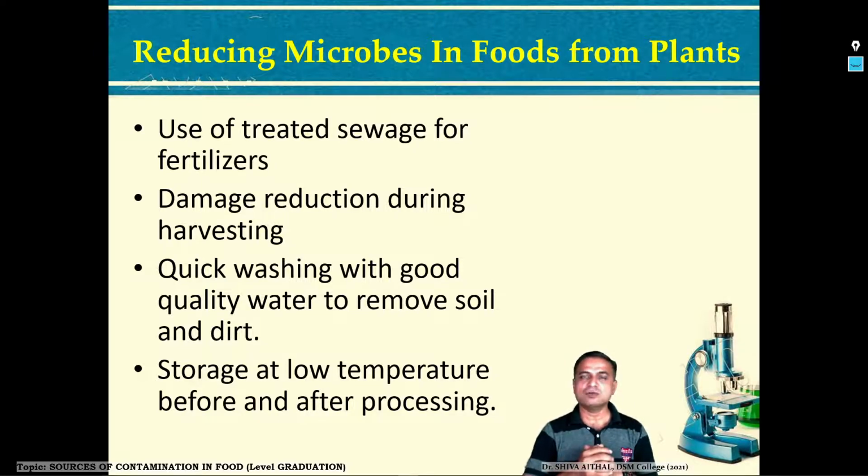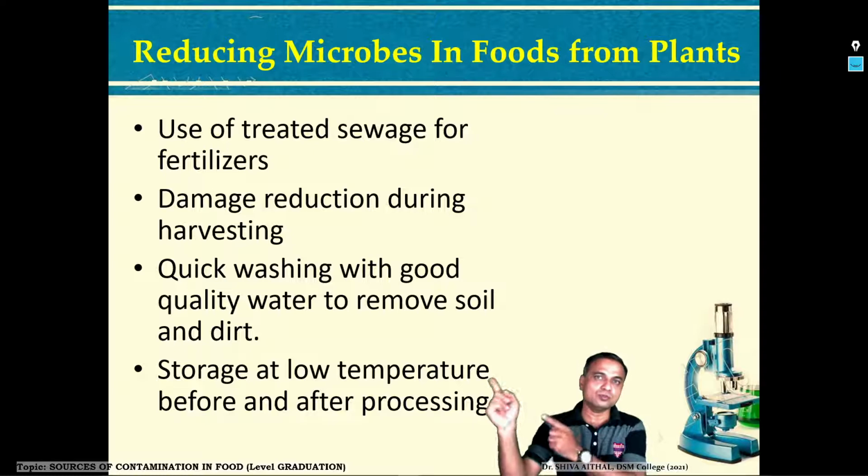Damage should be reduced during harvesting, and post-harvesting conditions and facilities should be properly maintained. If cleanliness, hygiene, temperature and moisture are regulated, then there will be no contamination. Quickly wash with good quality water to remove soil and dirt. Whenever you bring fruits and vegetables into your house, they should be immediately washed with clean water and dried off.